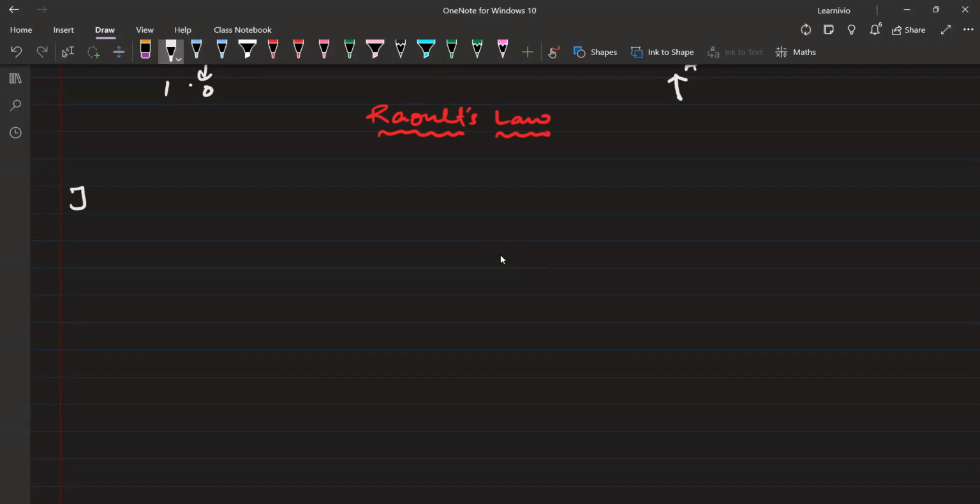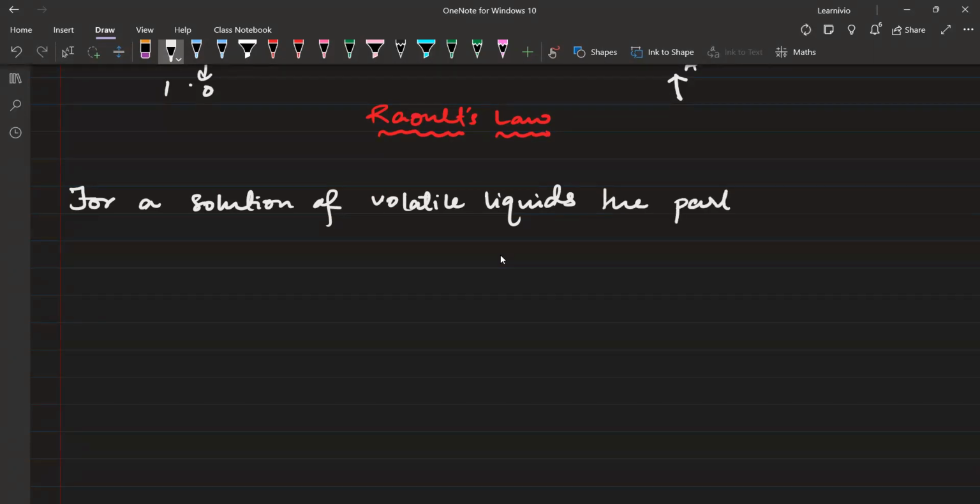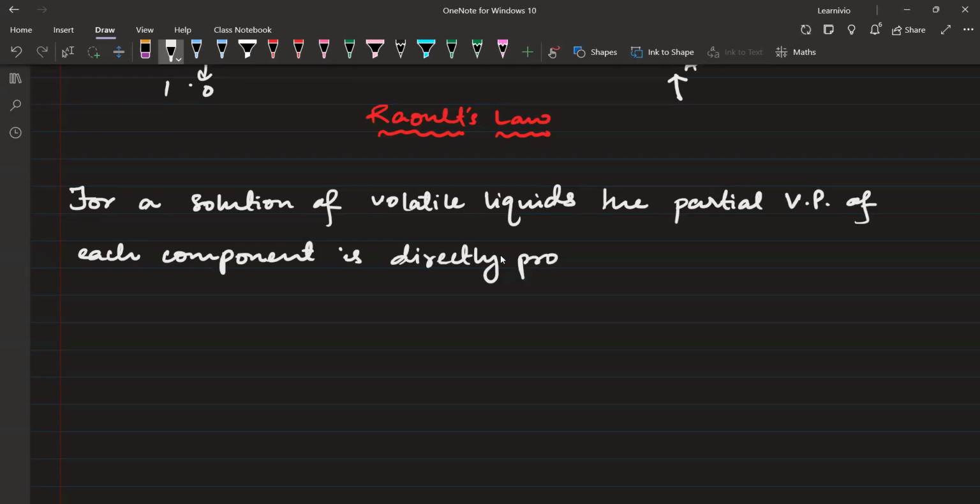Now, please write. For a solution of volatile liquids, the partial vapor pressure of each component is directly proportional to its mole fraction.